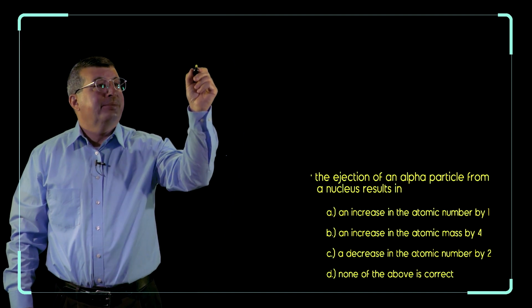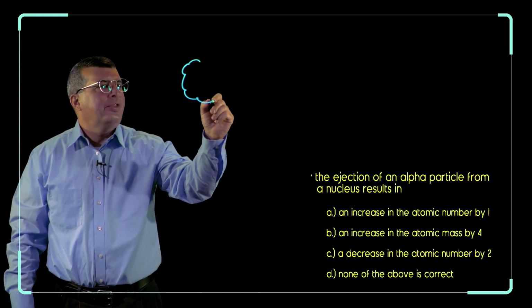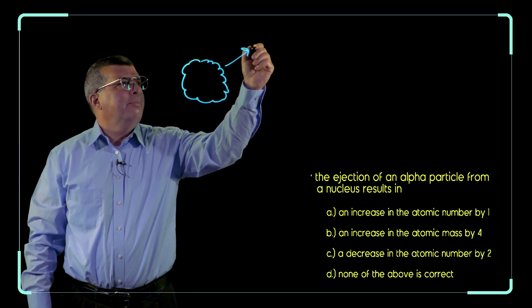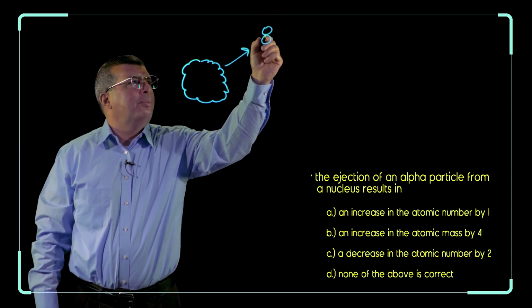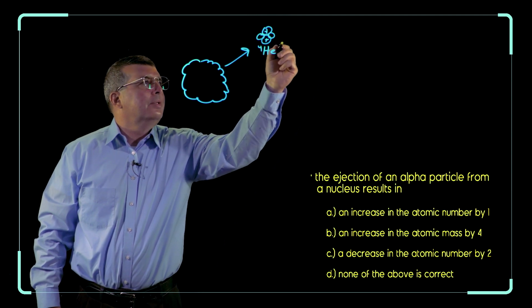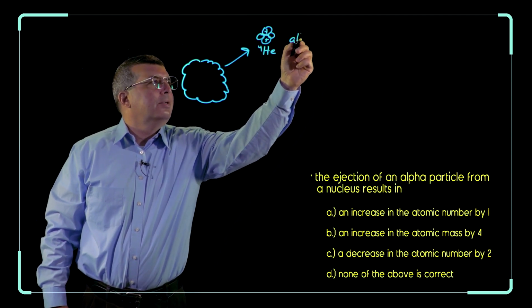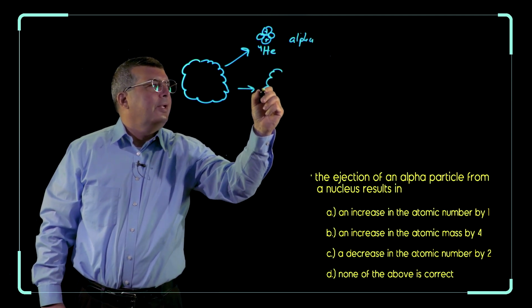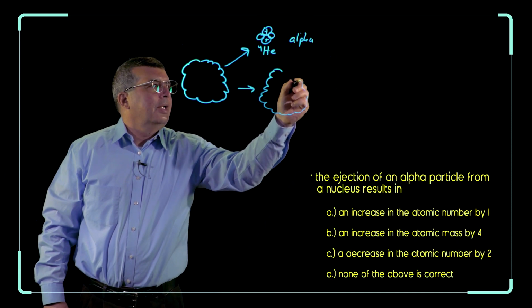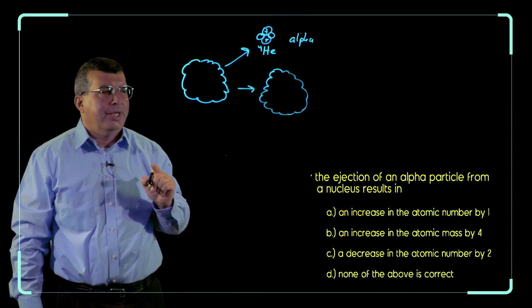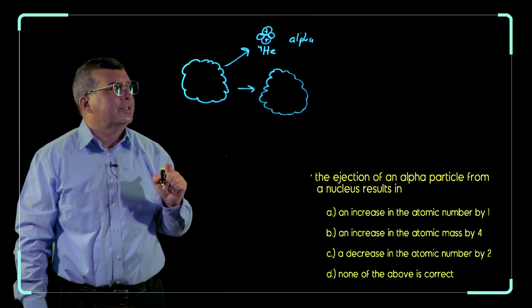Okay, let me draw a picture. We start off with a nucleus, and that nucleus emits an alpha particle, or a helium-4. And what we're left with is something with 4 fewer nucleons and 2 fewer protons.